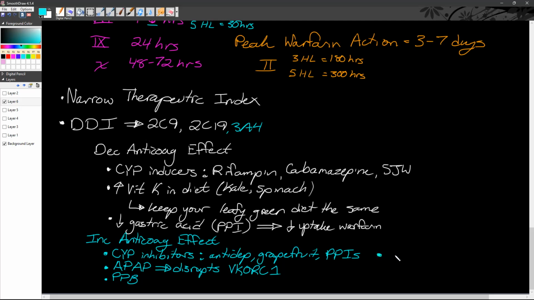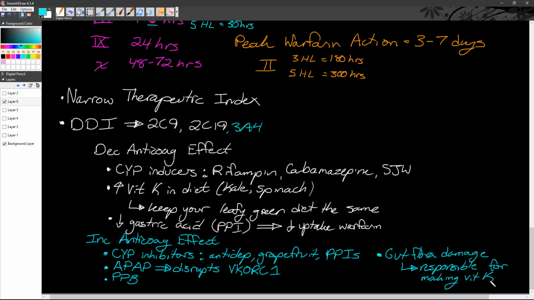And then finally, the last one is gut flora damage. The bacteria in our gut is responsible for activating vitamin K, making it bioavailable for us in our diet.